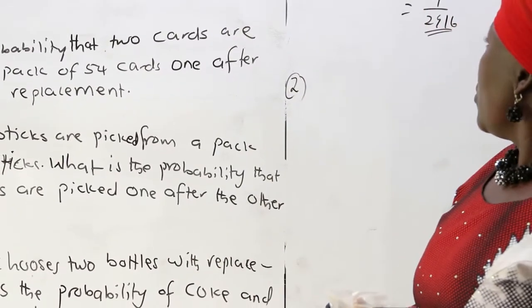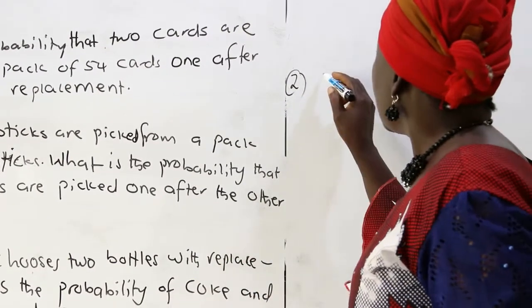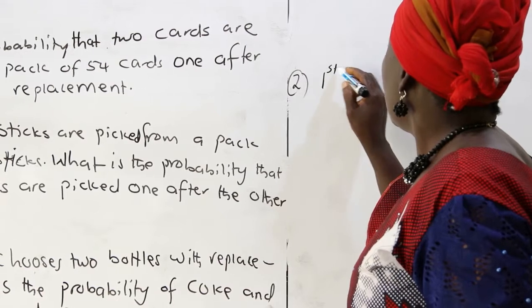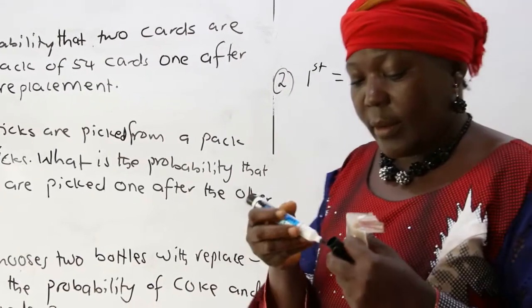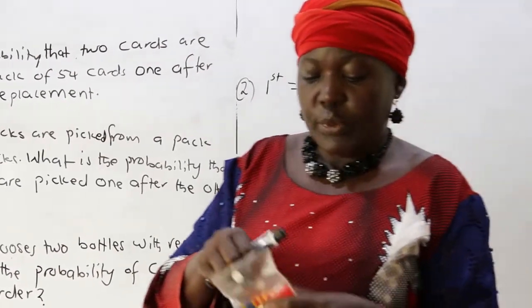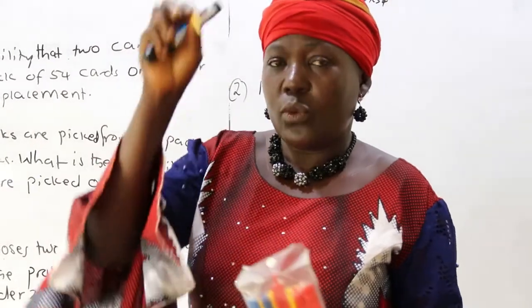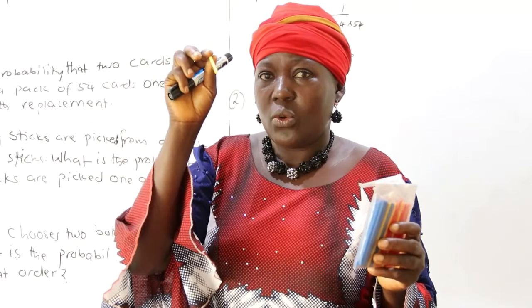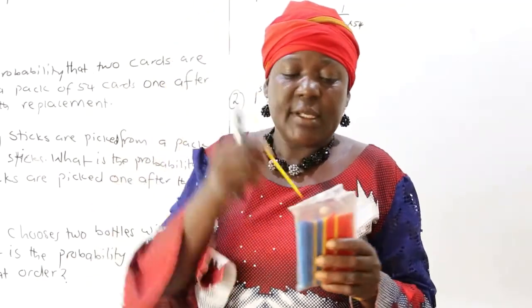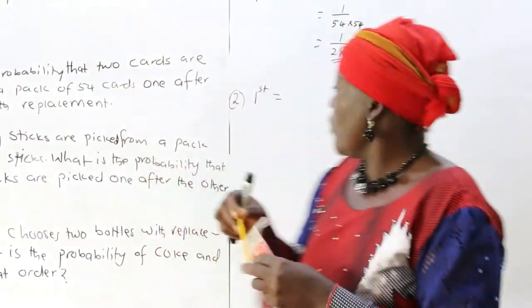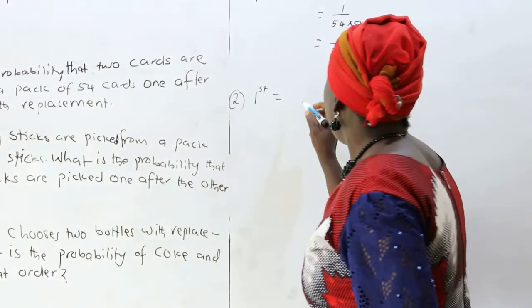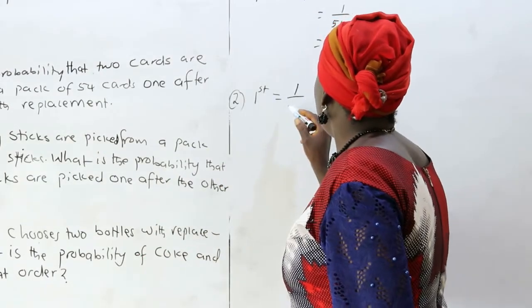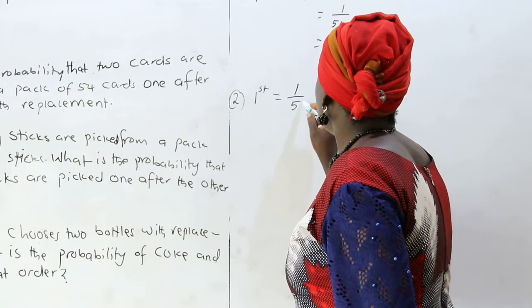Now, there are 3 pickings. The first picking, you pick 1. This is pick 1. Don't bother about the color. Just we have picked 1 stick. So for the 1 stick, we are going to have 1 over 50.